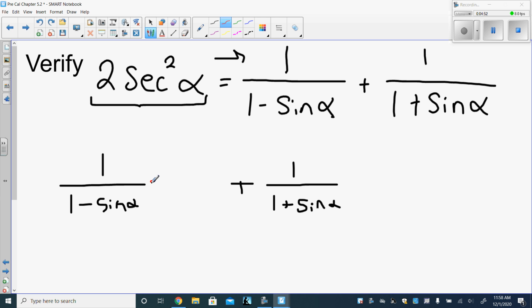To make the denominators the same, I'm going to multiply top and bottom of the 1 over 1 minus sine of alpha by 1 plus sine of alpha. And for the 1 over 1 plus sine of alpha, to get it to be the same, I'm going to multiply it by 1 minus sine of alpha.